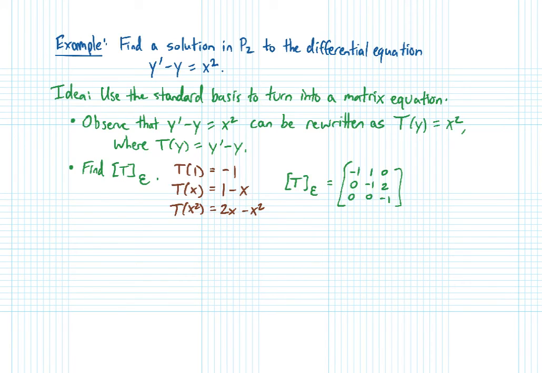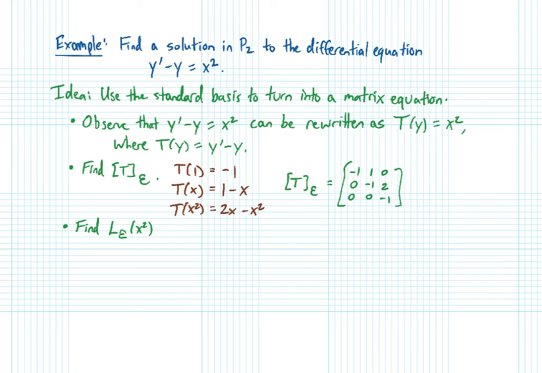And so from that first equation, T of 1 equals minus 1, we get the first column of the matrix, minus 1, 0, 0. From the second equation, T of x equals 1 minus x, we get the second column of the matrix, 1, minus 1, 0. And from the third equation, T of x squared equals 2x minus x squared, we get the third column of the matrix, 0, 2, minus 1.